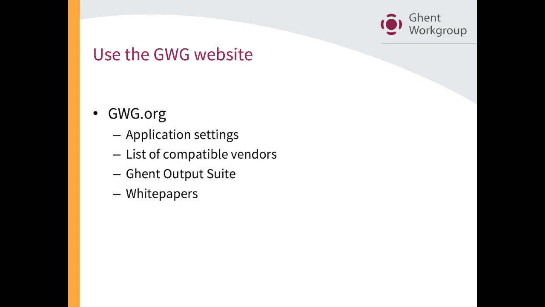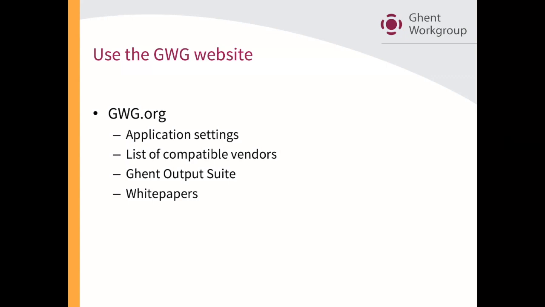So go there, look at whether the applications you are using are in that list, and then see whether they have application settings available. In some cases, you might not actually find application settings there, or you might find a simple document that says, you know what, everything that you need is already in the software that you're using, and you can find it there and there.